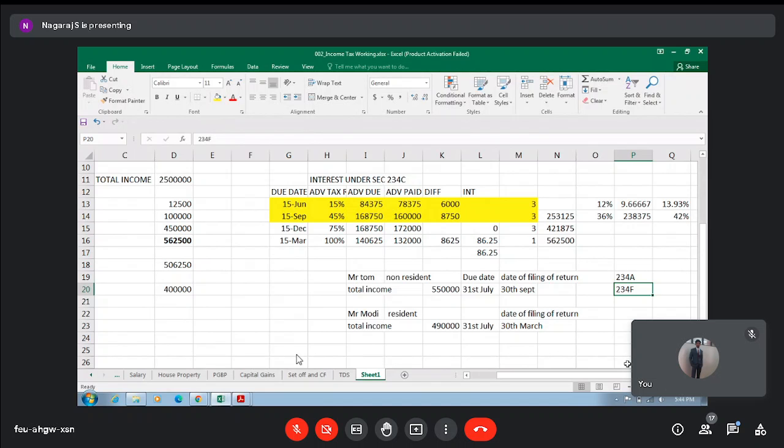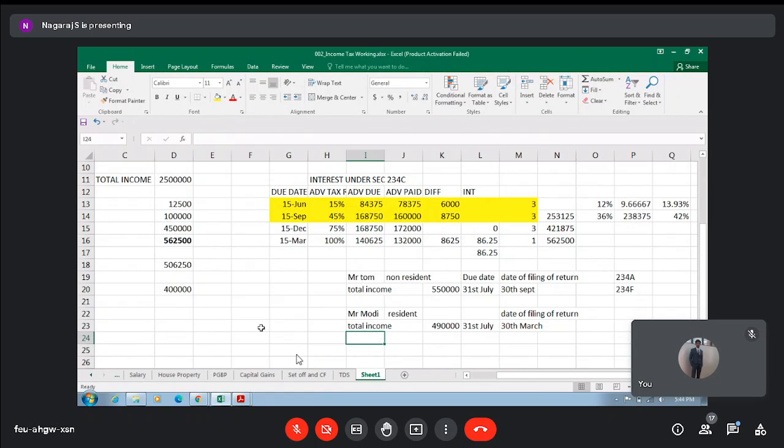It won't come easily. These are all very basics. You can easily recall. Just think of salary, business, capital gains, set off and carry forward. Those things you need to remember. Okay, understood?